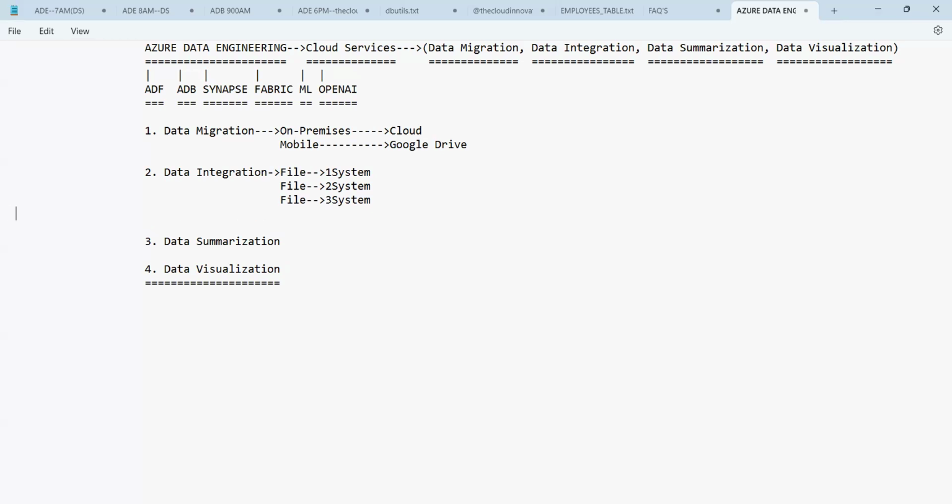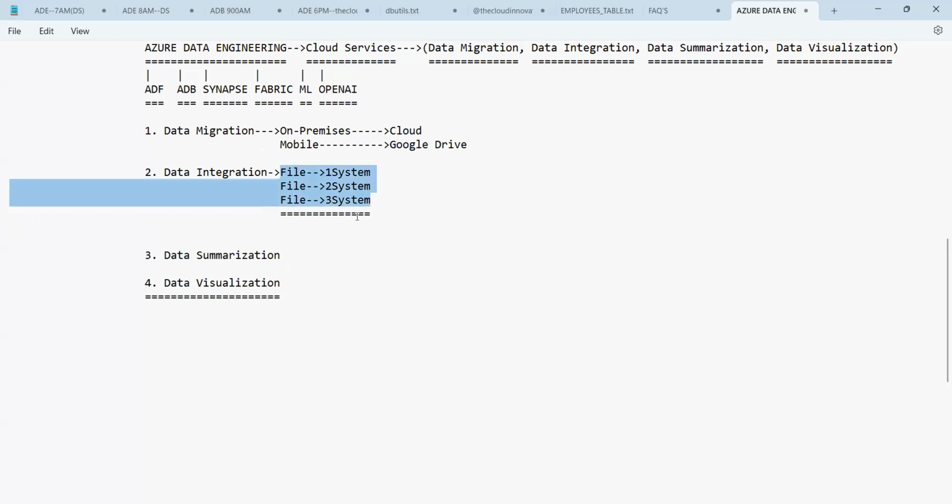So various systems have various files. To gather those files at one place, that means keeping all these files under one roof, under one PC, accessing the data under one PC from various sources, collecting the data and keeping it in one place, this is called data integration.